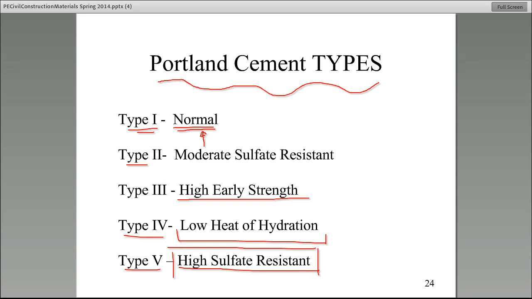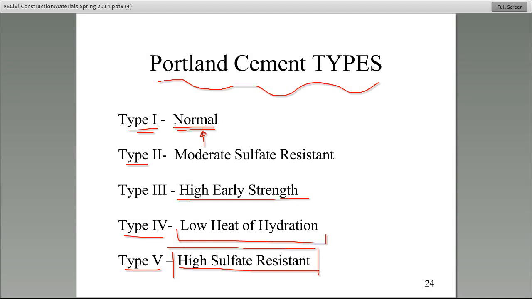Freeze-thaw, for example, if you have repeated freeze-thaw cycles, type 5 will help you with that. If you have a concrete structure that's going to be exposed to corrosive chemicals, high sulfate resistant, type 5 is what you specify. All right?